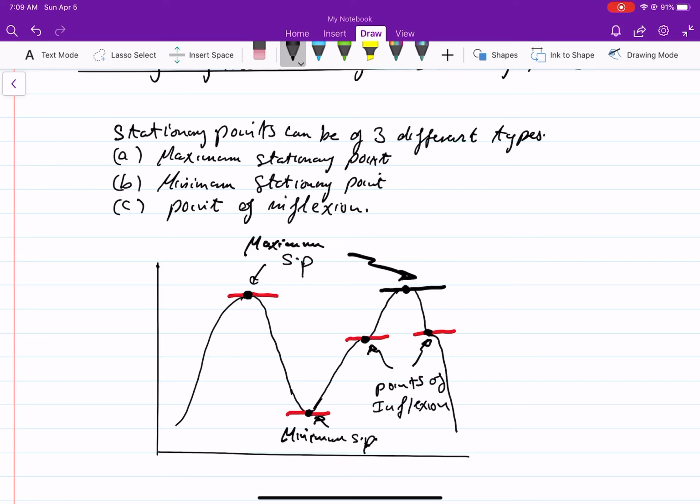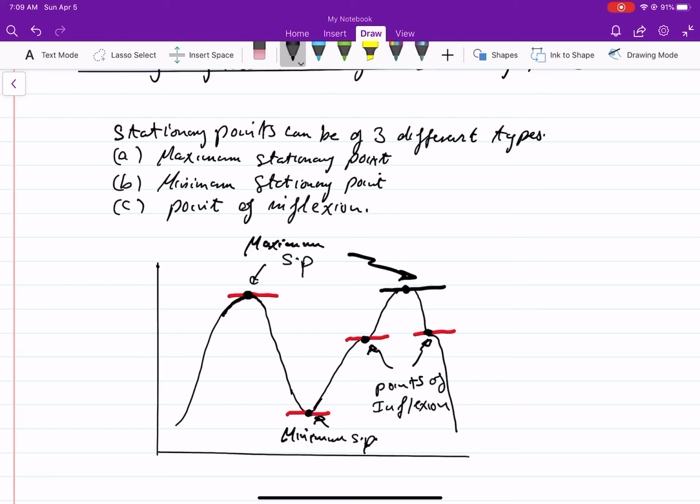A maximum stationary point looks similar to the way a parabola would turn. You remember your parabolas? You call it your maximum and minimum parabolas. And at your maximum stationary point, that's how your curve turns. The gradient goes from a positive gradient to zero gradient at the stationary point itself, and then to a negative gradient on the other side.